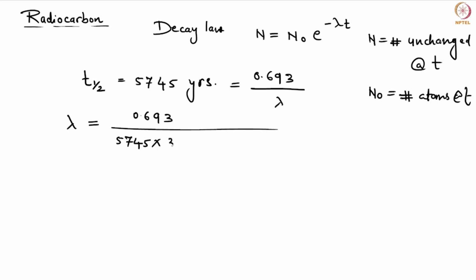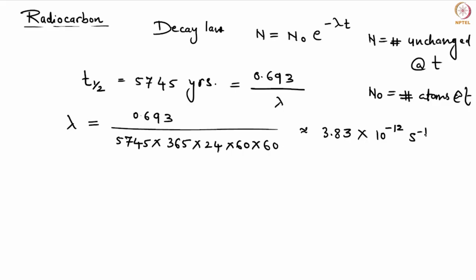Now again I will do 365 days into 24 hours into 60 minutes into 60 seconds. So the value comes out to be something like 3.83 into 10 power minus 12 per second. You can check my calculations again, I have done it very quickly.